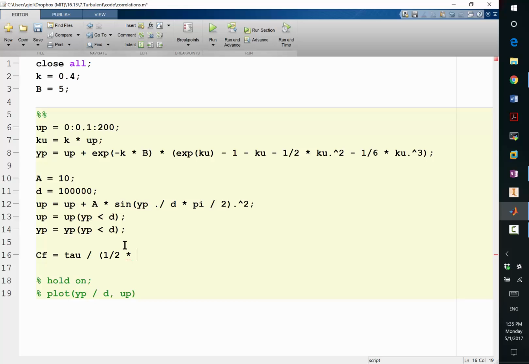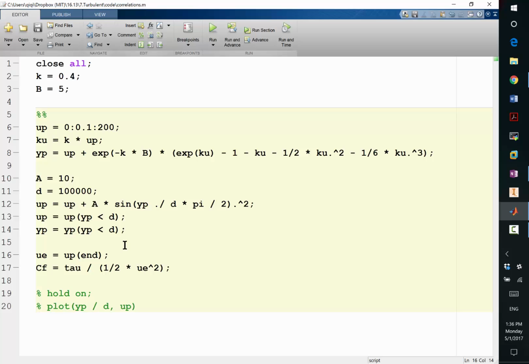So rho is 1 here, okay? And what is UE? UE is simply UP end, right? So at the outside of the boundary layer. So CF is equal to tau divided by half of UE square.